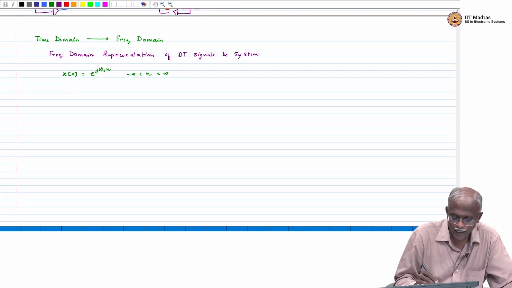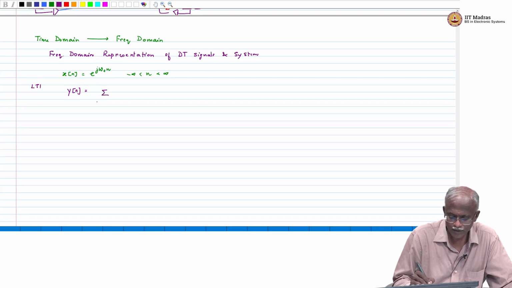When this is the input to any LTI system, the output will be given by summation k going from minus infinity to infinity, h of k x of n minus k.